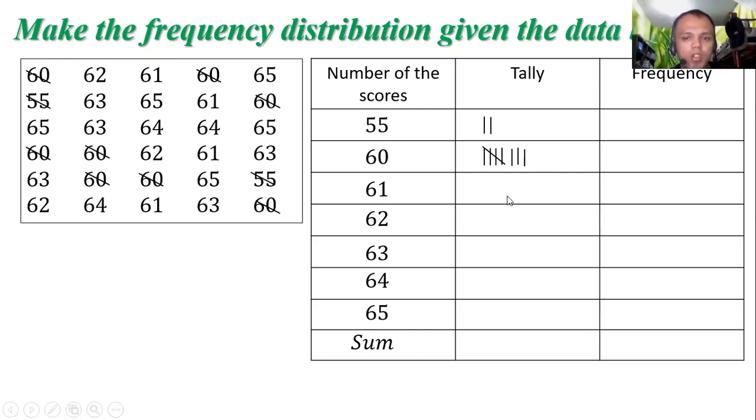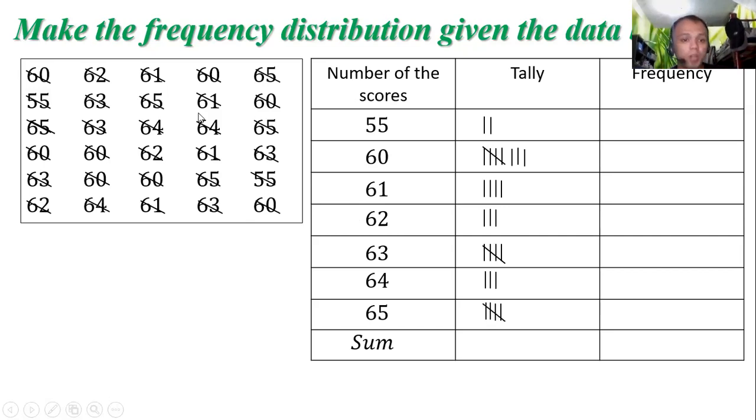Next, 61. 1, 2, 3, 4. 62. 1, 2, 3. So 3. 63. 1, 2, 3, 4, 5. 64, we have 1, 2, 3. 65, 1, 2, 3, 4, 5.